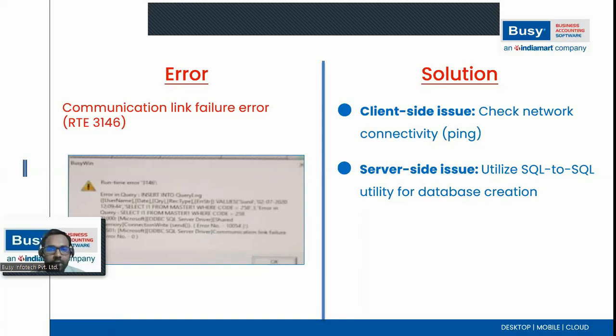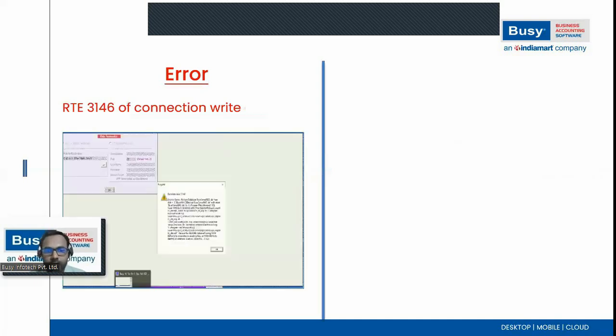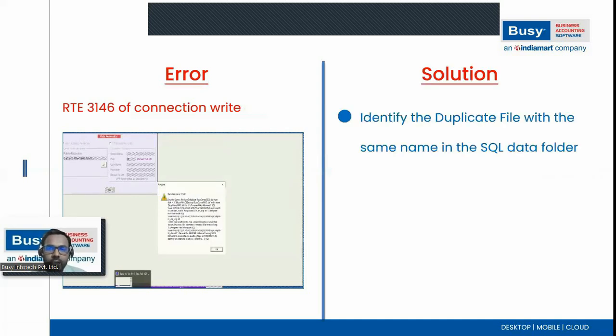The next problem you might face is RTE 3146, connection right. The error message will be shown like this, and the software will automatically terminate. The solution for this error is to identify the duplicate file with the same name in the SQL data folder. If it is unnecessary, remove it, or if the file is necessary, attach it again.